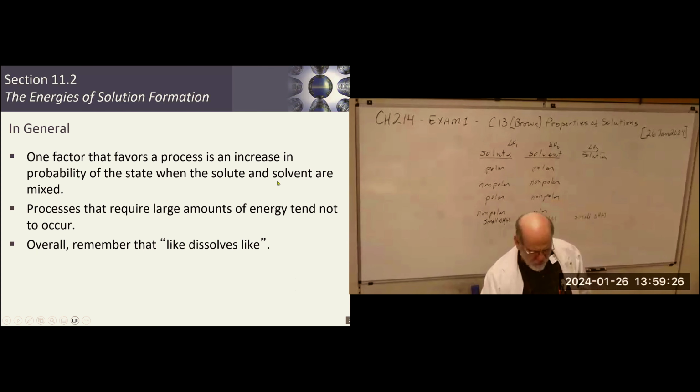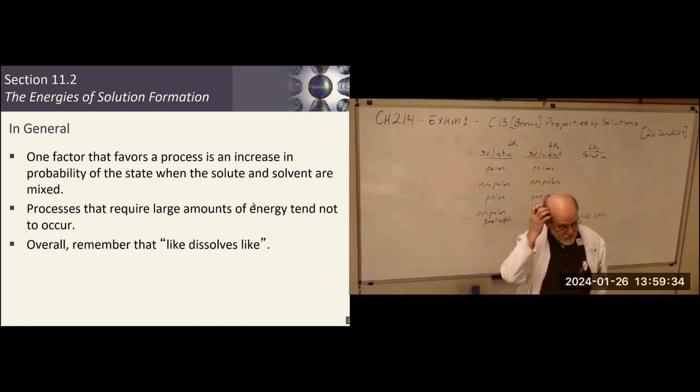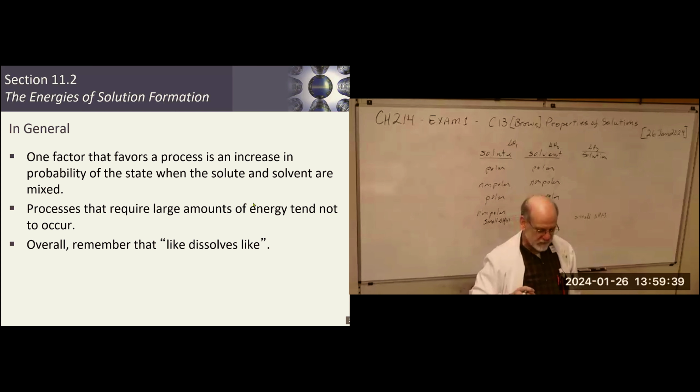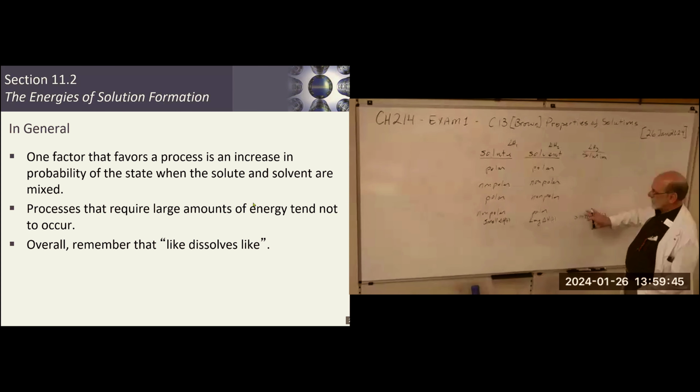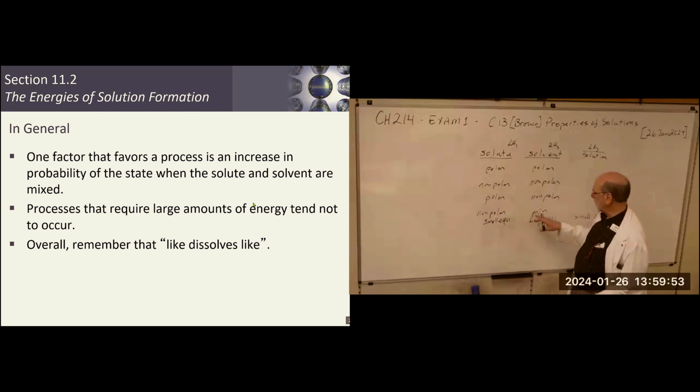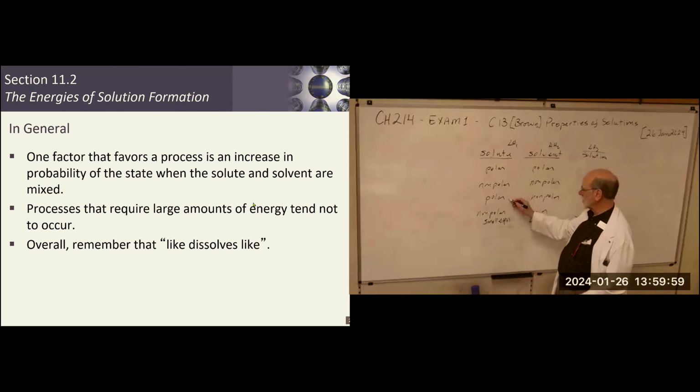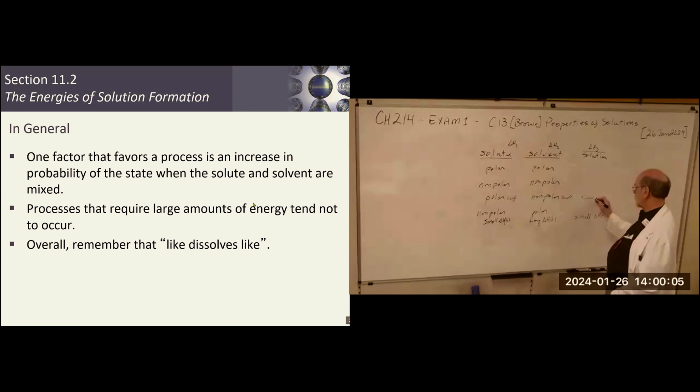Let's see, do we have another problem? One factor that favors a process is an increase in the probability of the state when the solute and solvent are mixed. So if there's a significant interaction of the solvent and the solute, then you're more likely to get a solution formed. So this nonpolar polar or polar nonpolar, this one's going to be large, and this one's going to be small, and this one's going to be small.